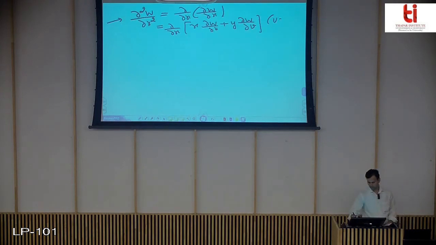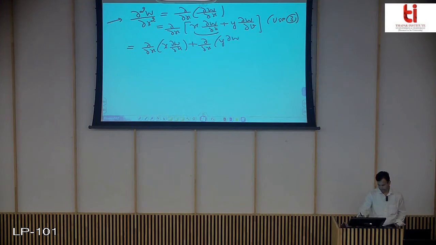So use 3. So you get del by del x of x del w by del u plus y del w by del v. Okay, now we differentiate each term. How? First I take this term, x del w by del u, and then y del w by del v.